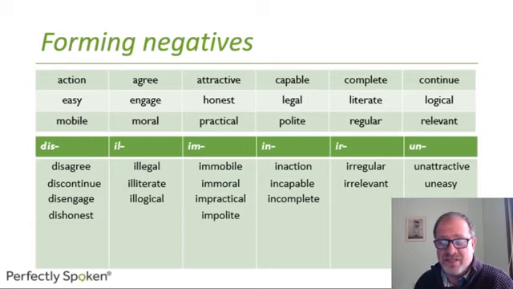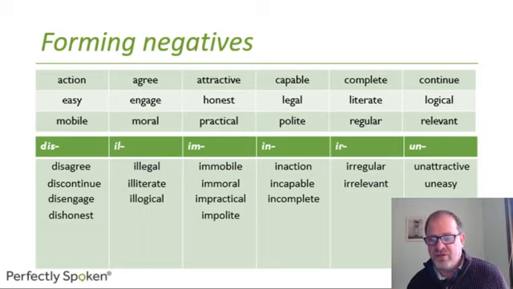Can you see any patterns there? Well, of course, IM is either the prefix for words beginning with M, like immoral, immobile, or P, impractical, impolite. And IR, again, is a prefix for words beginning with R, irregular, irrelevant, and so on.